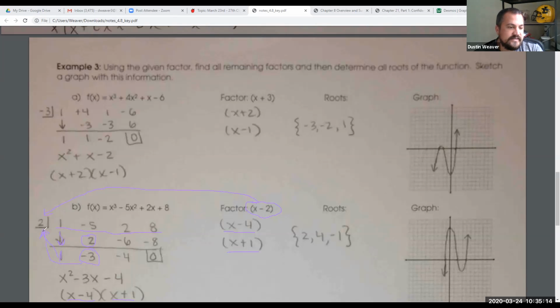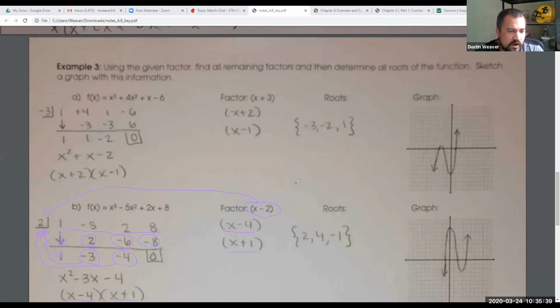So -3 times 2 is -6. And then I add. 2 plus -6 is -4. And then again, I would multiply by the number in the box. -4 times 2 is -8. Then when I add at the end, I get 0. Does that answer that question?